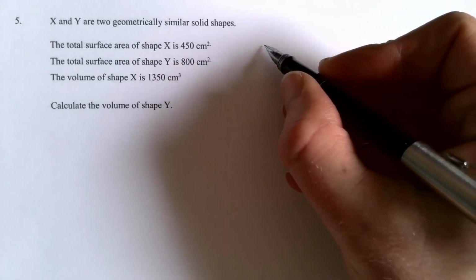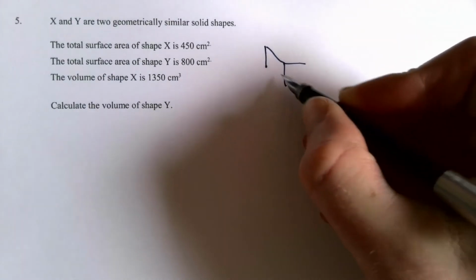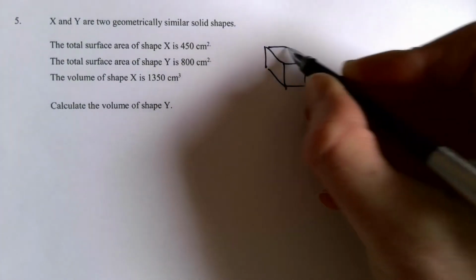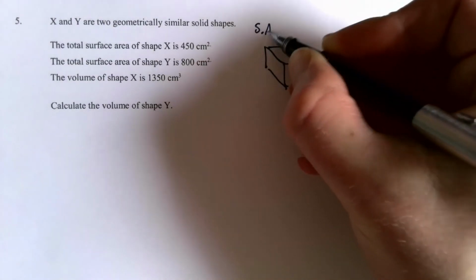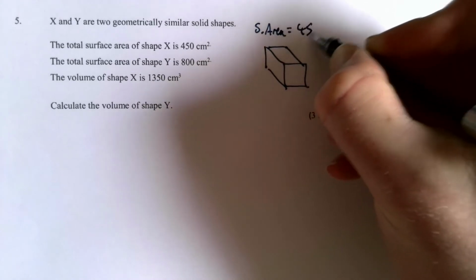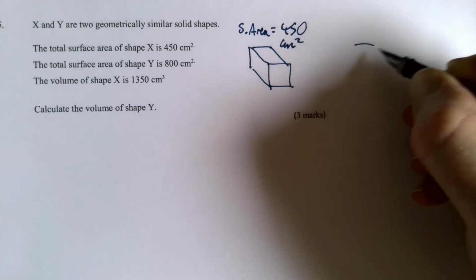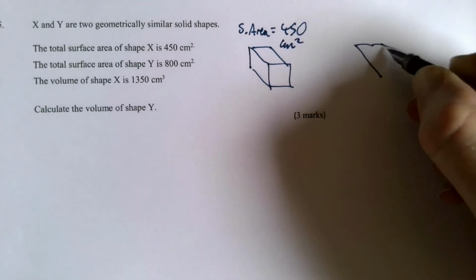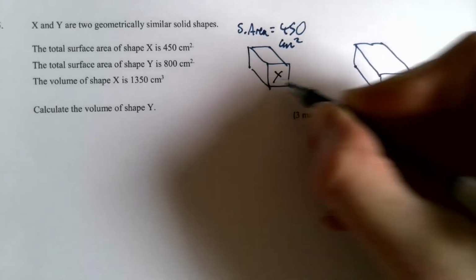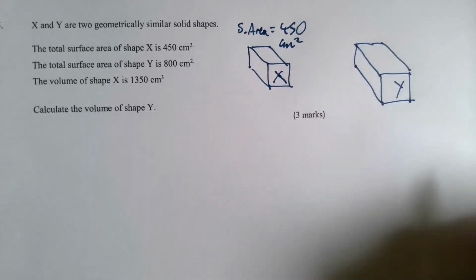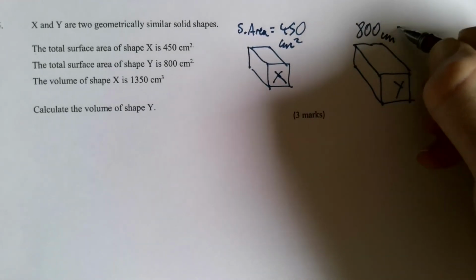We've got x is smaller, isn't it? So I'm going to go for a cuboid looking about like that, and I'm saying the surface area equals 450, and then I'm going to go for a larger one that looks basically the same, x and y, and this surface area is 800 centimeters squared.